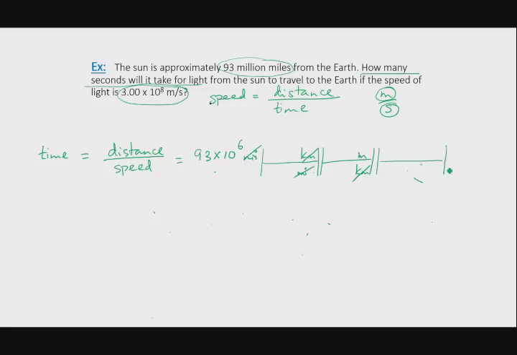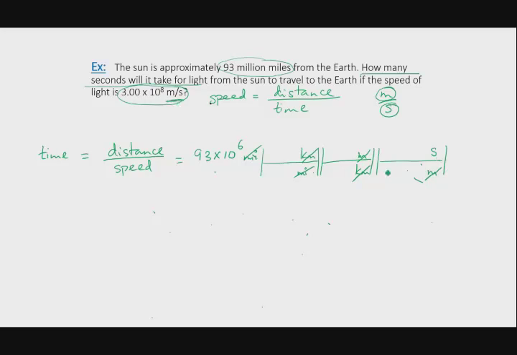Now I'm going to use the speed as a conversion factor, even though it's not, it's given as data, but I want to cross out meters and be left with time. In other words, meters will have to go on the denominator, and in this case seconds on the numerator, because the speed is given in meters per second.